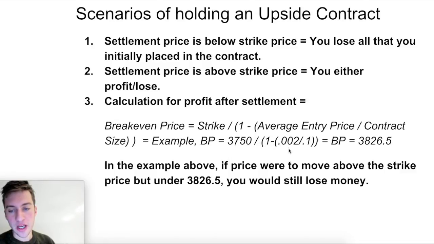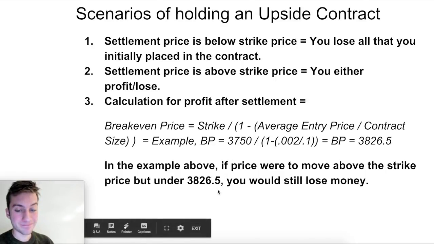And your average entry, so the cost that you paid to receive this option, was 0.002 XBT, and your contract size 0.1 XBT. Your break-even price is $3,826.50. What this means is that price would not have to go above $3,750 for you to be profitable. Price would have to go above $3,826.50 for you to be profitable. So yeah, good luck with that.